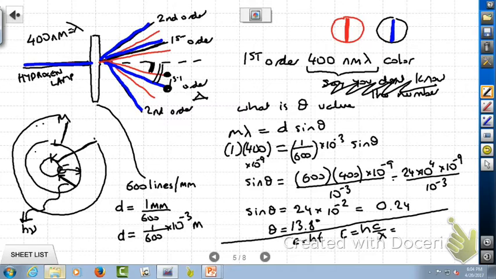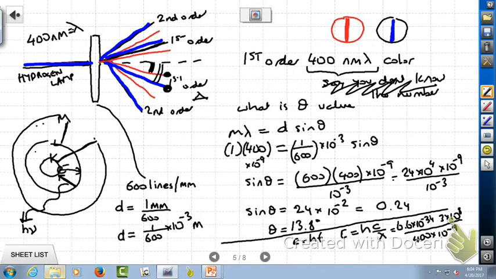Sorry? 6.6 times 10 to the minus 34. c is 3 times 10 to the 8 over lambda. And lambda in our case was 400 times 10 to the minus 9.